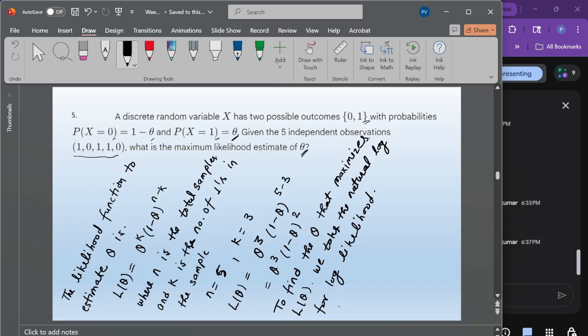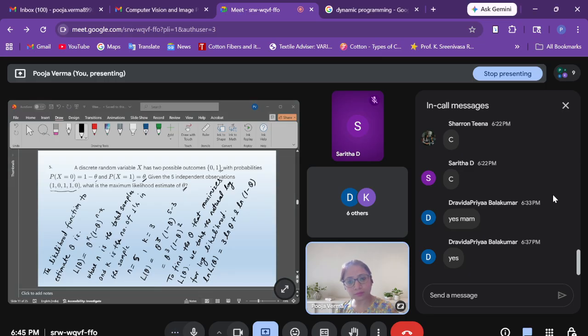So by taking the log, ln L of theta is equal to 3 ln of theta plus 2 ln of 1 minus theta, right? By taking log on both sides. So we can write it like this. Is it fine to all of you?